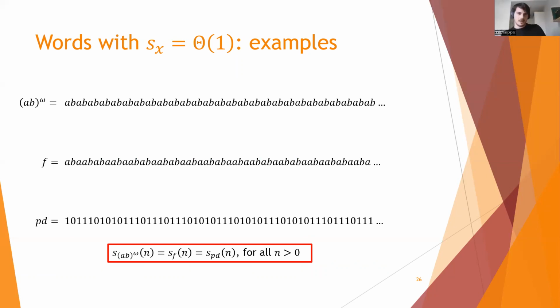we are not talking about the same string, the same word, and in fact, one can actually notice that there are some properties of some string attractors that can be considered. For instance, for AB to the omega, the first 2 positions represent a suitable string attractor for each prefix of the word.